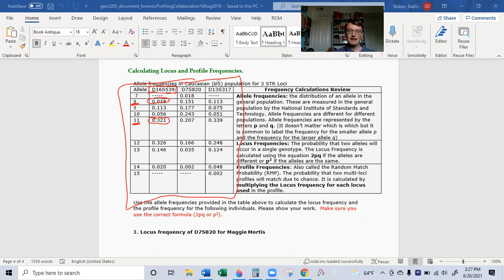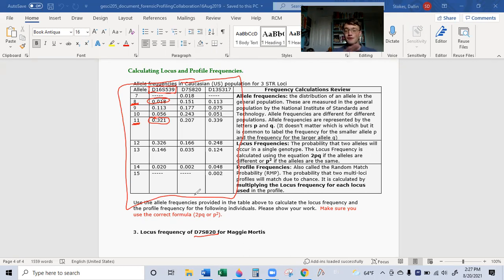And the odds of having a 10 allele at D13 is 0.051. So you've got to keep track of which column you're in to make sure you're looking at the correct position. When we calculate this, for example, notice this says D7, so make sure you use only the D7 column, not these other two. We'll get to how to do that in a sec. I'm just familiarizing you with this.